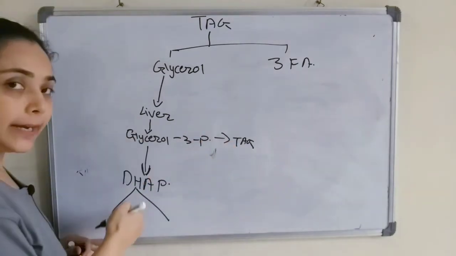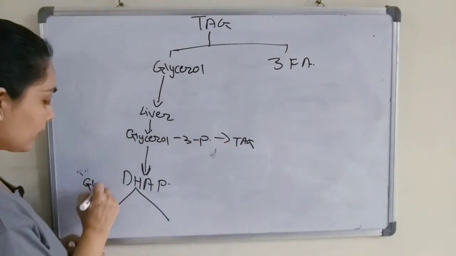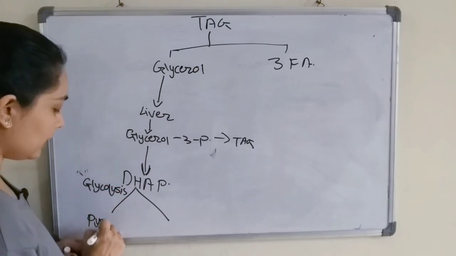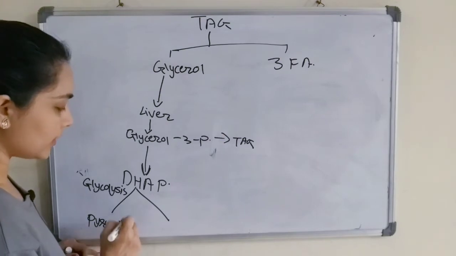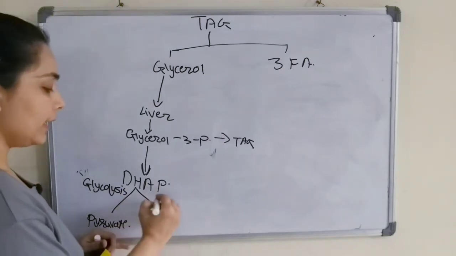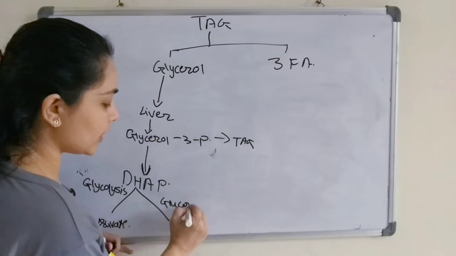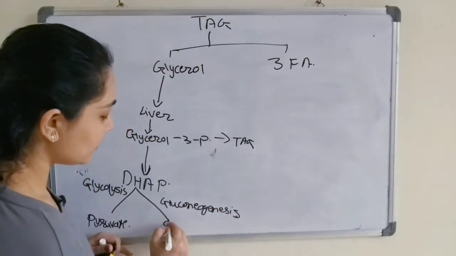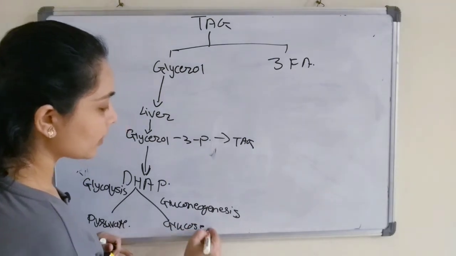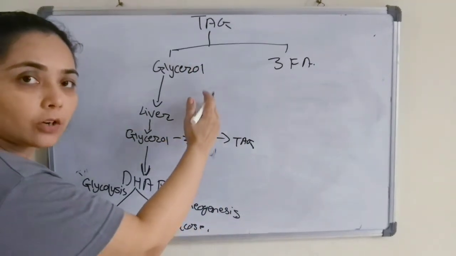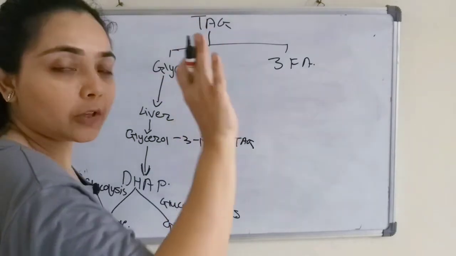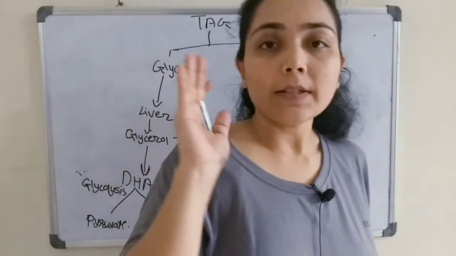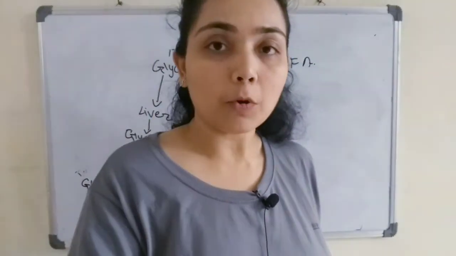Either it will enter into glycolysis, and we know that the final product of glycolysis is pyruvate, or it can undergo the process of gluconeogenesis, which will synthesize glucose. So this is about the fate of glycerol. I forgot to mention, the site of lipolysis is the adipose tissue.